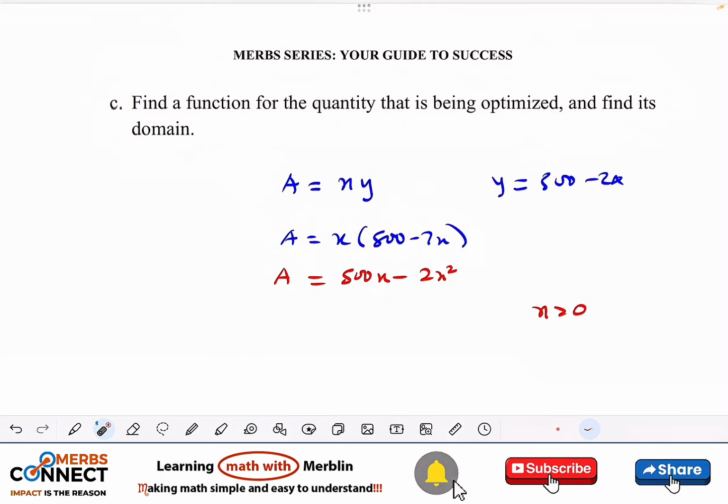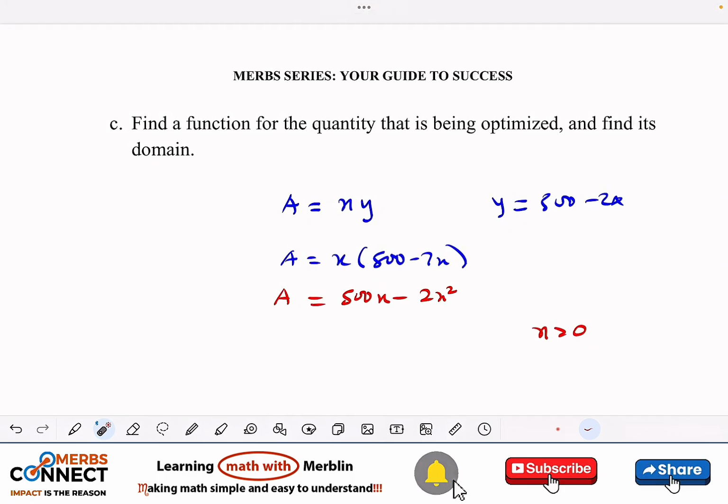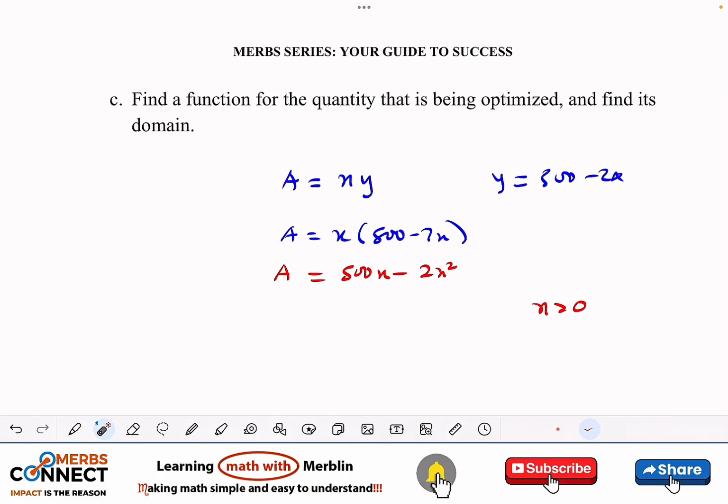So that's basically what we are going to do here. Let me just build the domain from here.